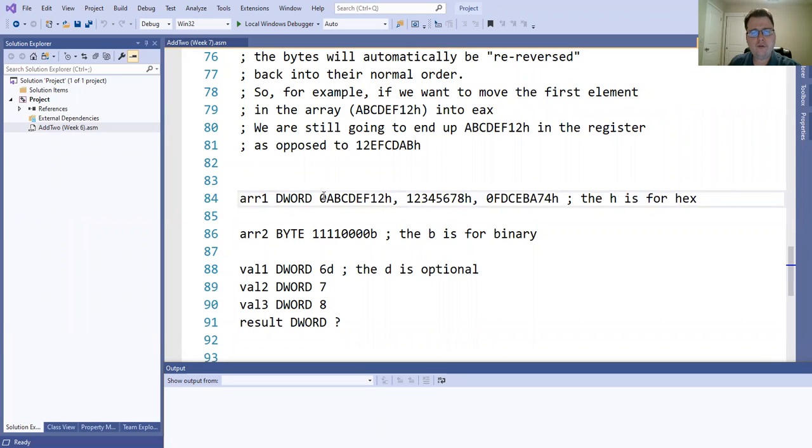We also hit on the fact last week that when we're dealing with a hexadecimal value that is going to have a letter between A through F as the MSH, or the most significant hex symbol, we have to have that leading 0 in the beginning.